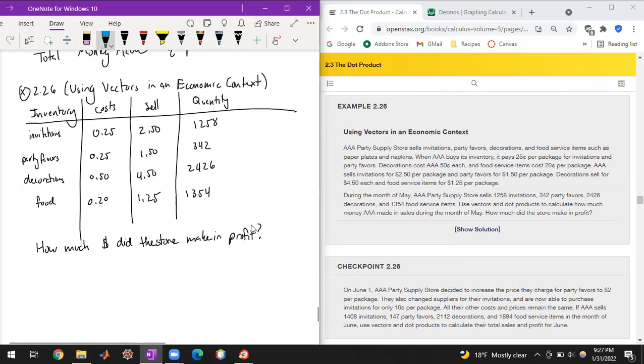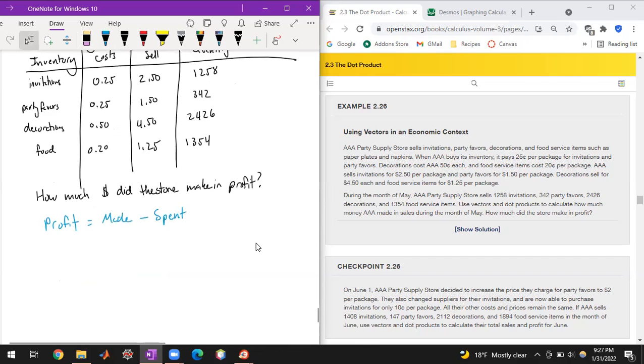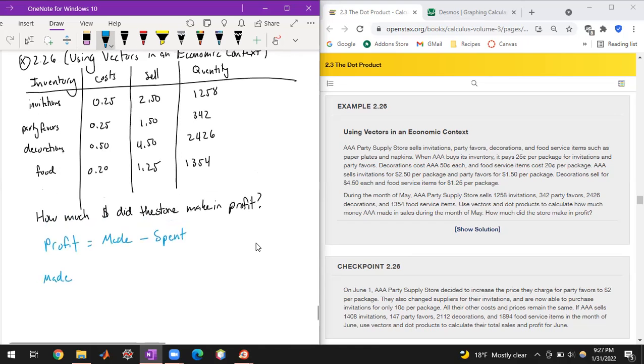You should recall from economics that profit is essentially how much money we made minus how much money we spent. So I'm going to need to calculate how much we made, and how much we spent. What we made is everything from our quantity dotted with how much we sold it for.